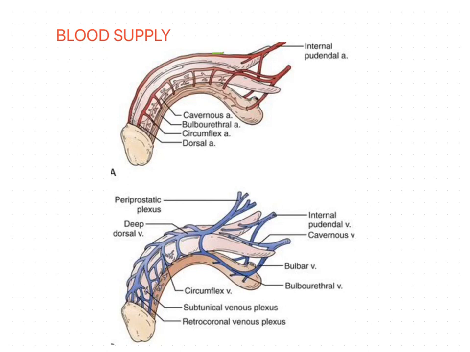So this is the dorsal surface, this is the dorsal artery of the penis, and the deep arteries of the penis. Next one is the deep arteries. So this one is the deep arteries of the penis which are branched here, and arteries to the corpus spongiosum. These three arteries are the branches of internal pudendal arteries which supply the penis.